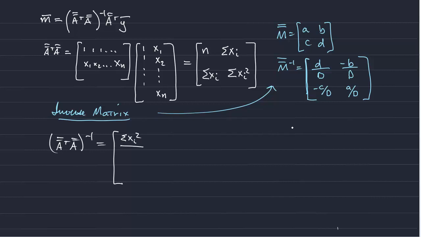And let's look at the determinant of A transpose A. The determinant is n times the sum of squared values of x, since we have to multiply these two diagonal components, minus the product of the off diagonal terms.